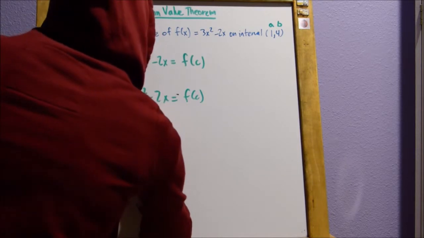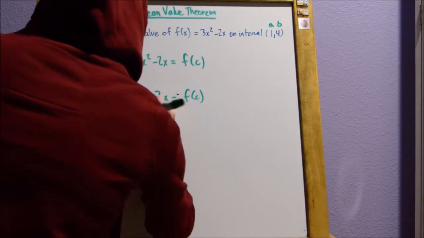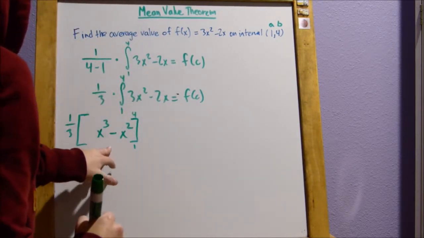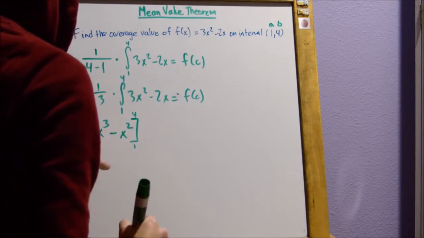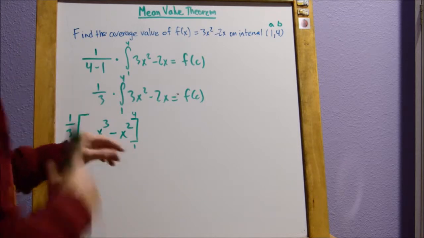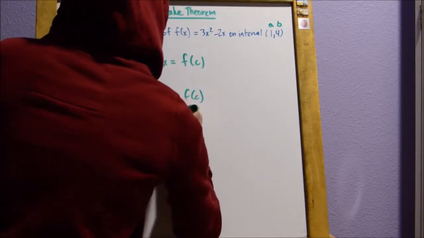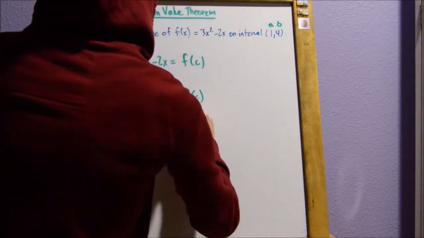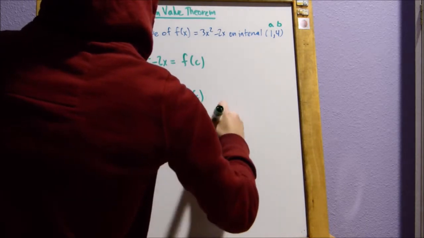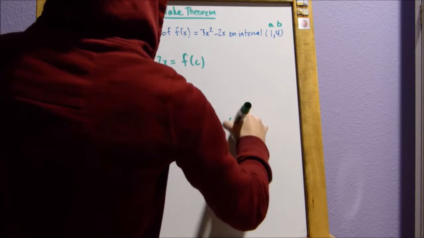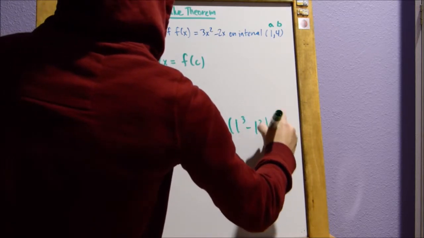Now, let's set up the boundaries, 1 and 4. Let's plug 4 in for both of these and subtract what you get when you plug in 1 for both of these. So you get 1/3 times 4 cubed minus 4 squared, and then subtract 1 cubed minus 1 squared.